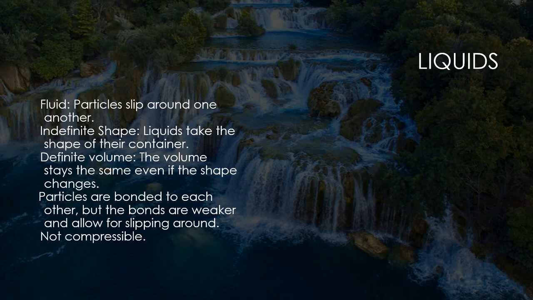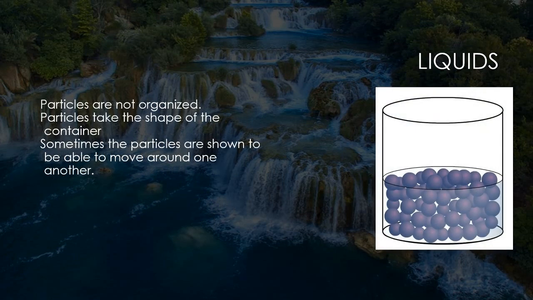The particles here are still bonded together. They're attracted to each other, but these attractions are a lot weaker, and that allows the particles to slip around each other. Another thing is that I can't compress a liquid. I can't push these particles closer together at all. When you're representing that, usually you want to draw some sort of container for them to be in and show that they're taking the shape of their container.